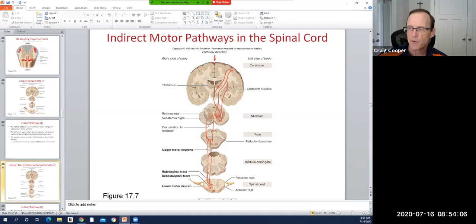We've got a lot of other synapses going on here to control things and help regulate things. Again, when it's indirect, if we're relying on autopilot, we need to have some extra controls in there to help regulate things a little bit. And so I imagine that's probably why we need these extra neurons to be involved in that function.